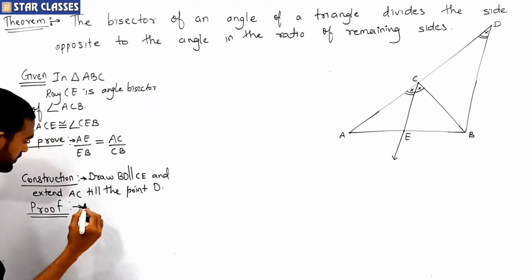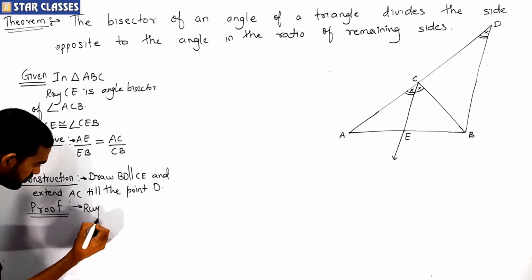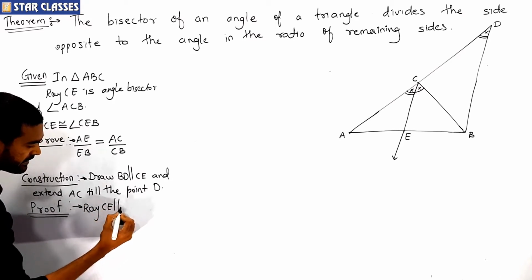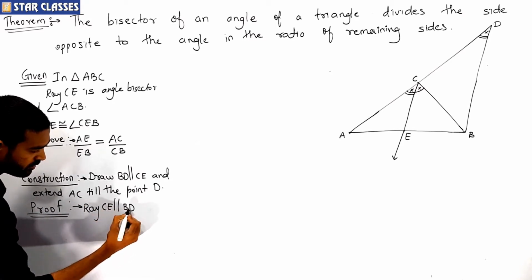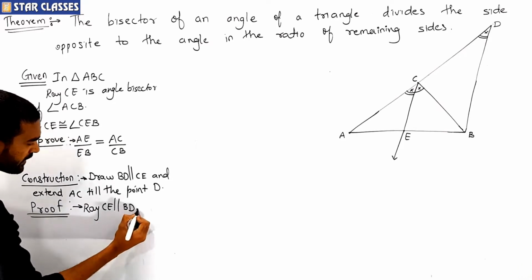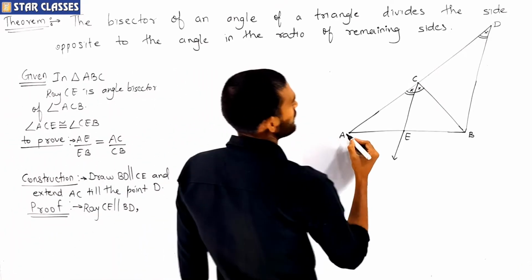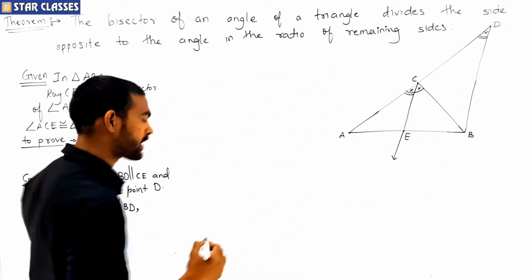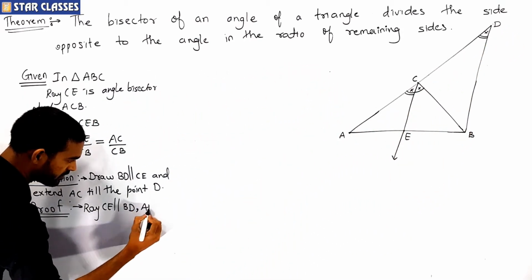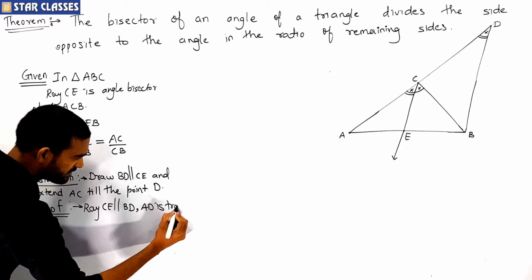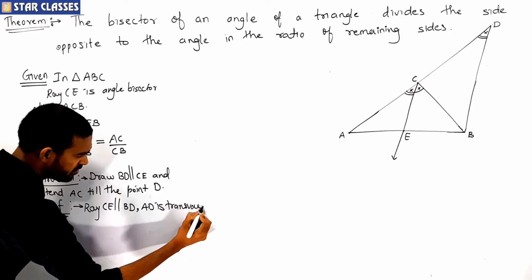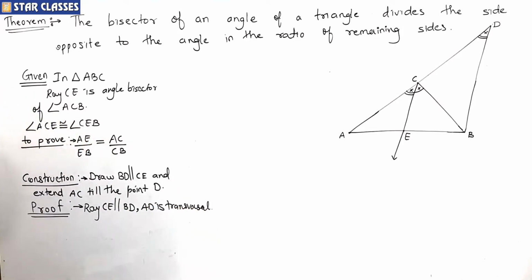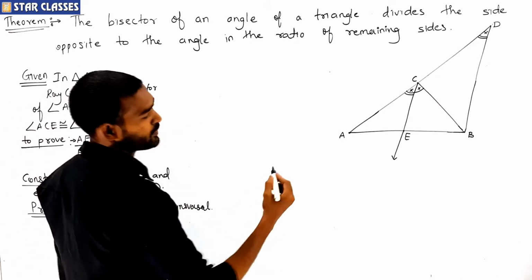So we'll mention here ray CE is parallel to BD. And who is transversal? Look, if these two are parallel, then this AD is what? Transversal. So we'll write here AD is transversal. Right, students?